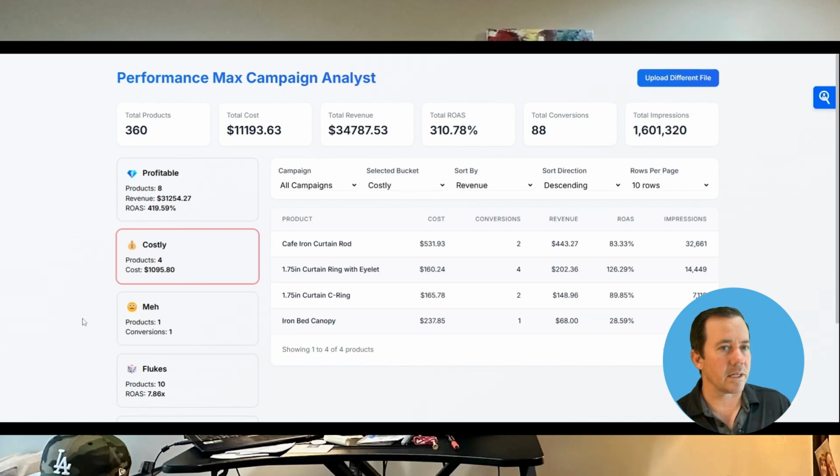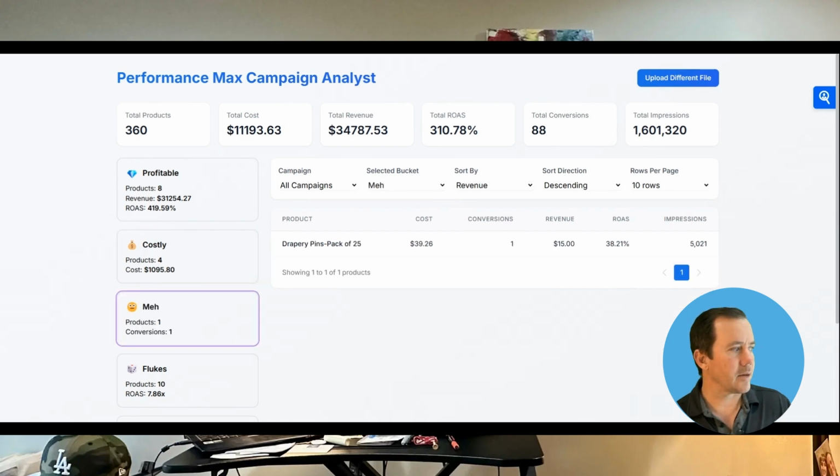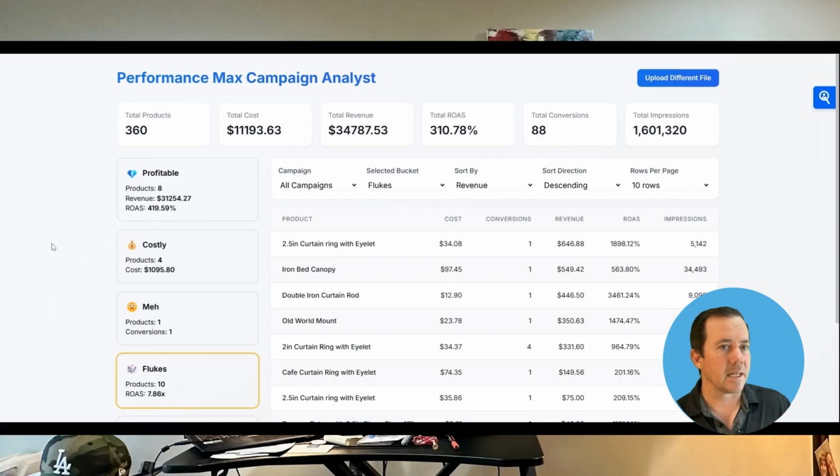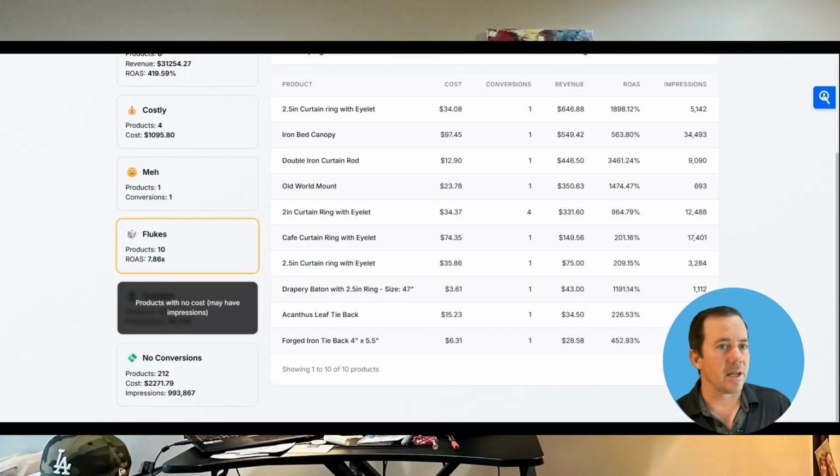These are the ones that are getting 1 conversion. I feel like there's a lot more of these that are typically in an account, but it's better to have less of these because these are the ones that are really hard to work with. And then you have flukes. Flukes are the ones that don't get very many conversions. Oftentimes it's 1, maybe 2, but the ROAS is really great. Then you have zombies.